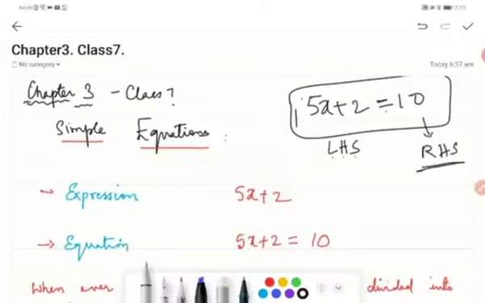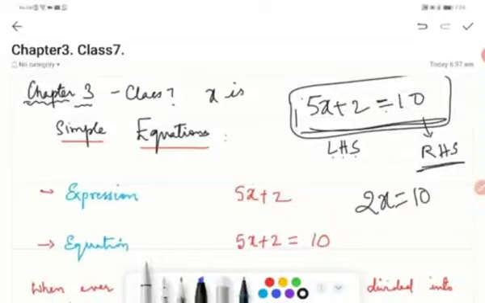All right, so a simple equation can be something like this: 2x equal to 10. Okay, even this is a simple equation. All right, so x is what? X is a number. Okay, it is an unknown number. You don't know what the number is here. It is unknown.